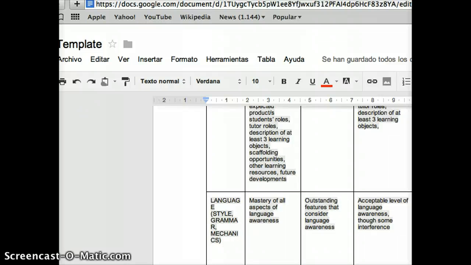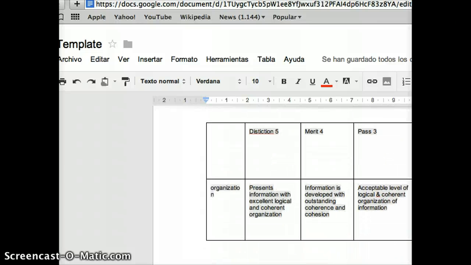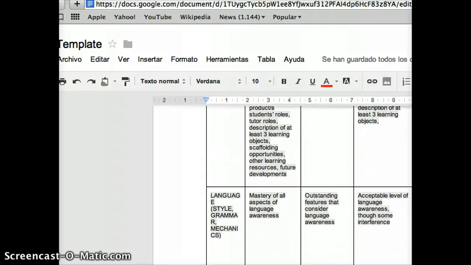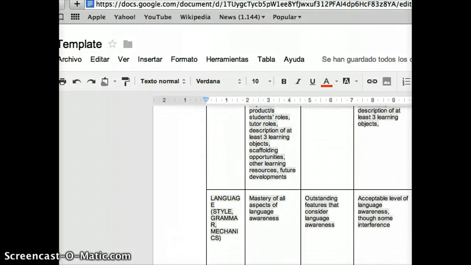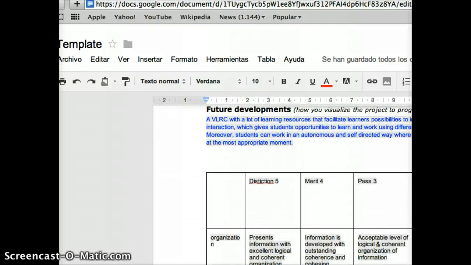In terms of language style, grammar, mechanics. Distinction, 5, that means excellent: mastery of all aspects of language awareness. Merit, 4: outstanding features that consider language awareness.